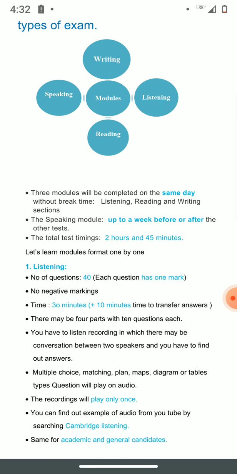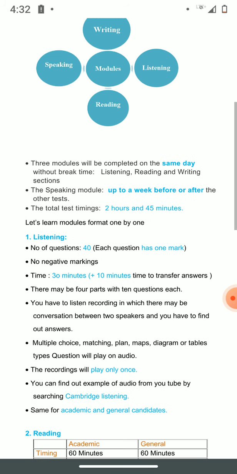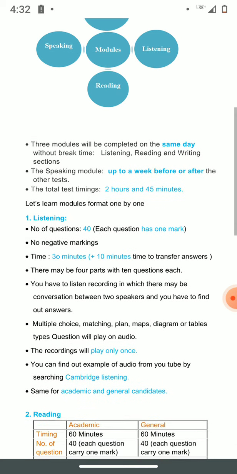The speaking module can be up to a week before or after the other tests, and the total test timing is 2 hours and 45 minutes. Now we will start the brief of all 4 modules one by one.